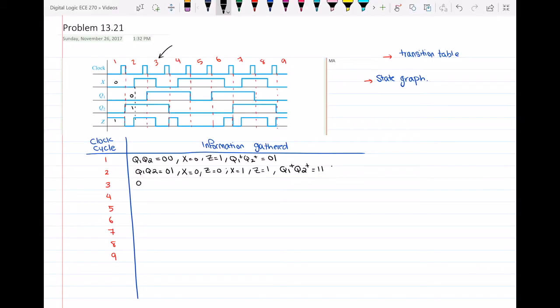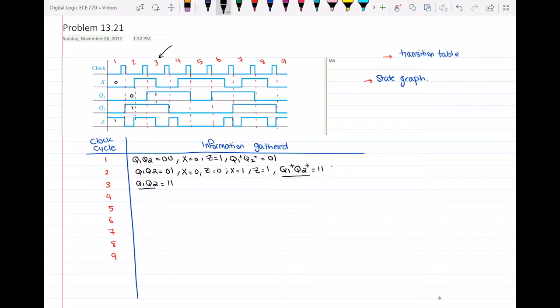In the third one, the present state of the flip-flops is equal to 1, 1. Notice that for clock cycle number 2, the next state is equal to the present state of the next cycle.